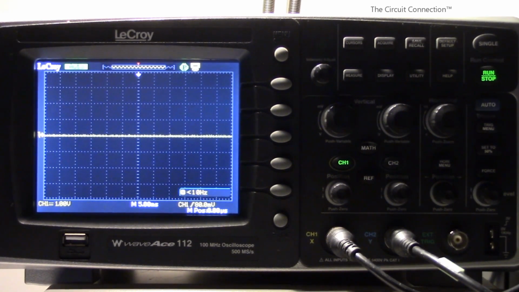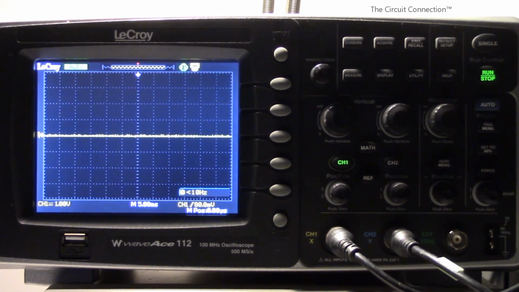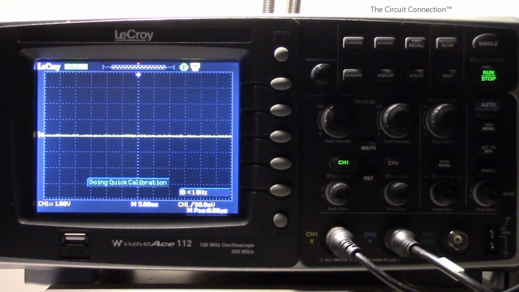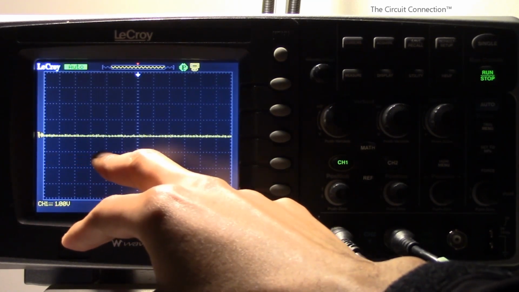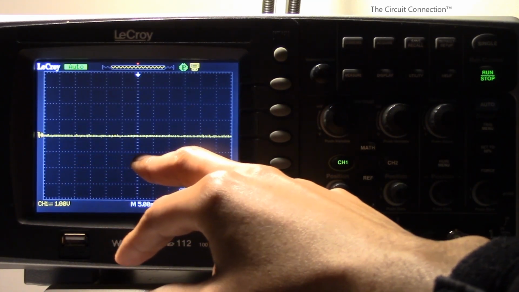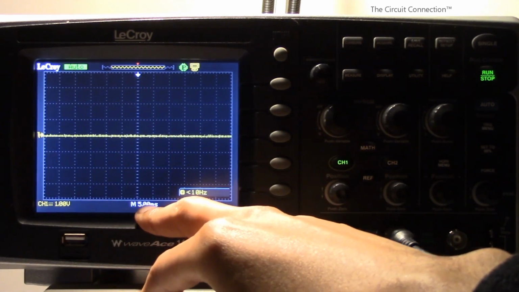Next, I need to make sure that my trigger is set up correctly. The circuit is discharged right now, so when I flip this switch, it's going to charge up. Initially I'm going to take a look at the charge up first, and then I'll do a discharge. Remember, with the charge up, we're looking for a total of 25 milliseconds. I have 6 divisions here, so I only need 5 times 5, which gives me my 25.